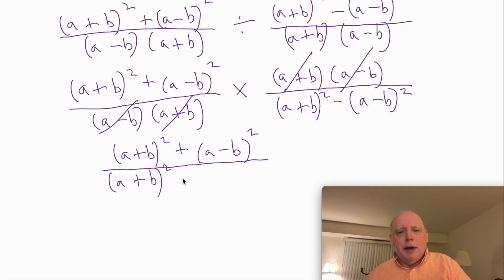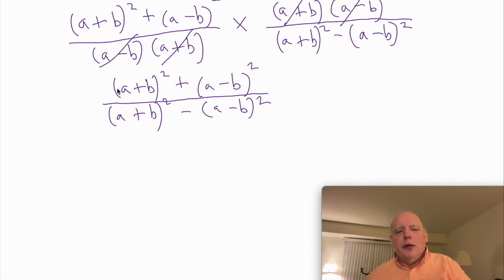And now this is just a minus. Let's multiply these out. So a plus b squared, you're going to get a squared plus 2ab plus b squared. Now we multiply this by itself. A squared minus 2ab plus b squared.